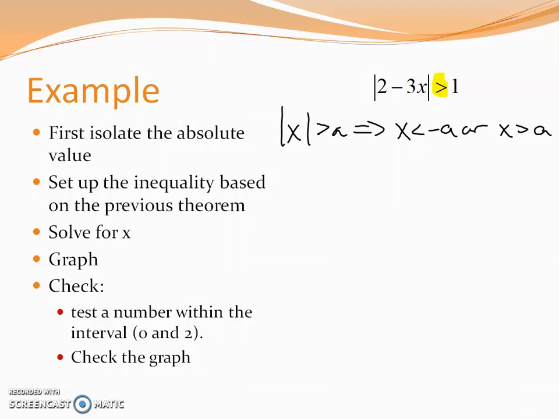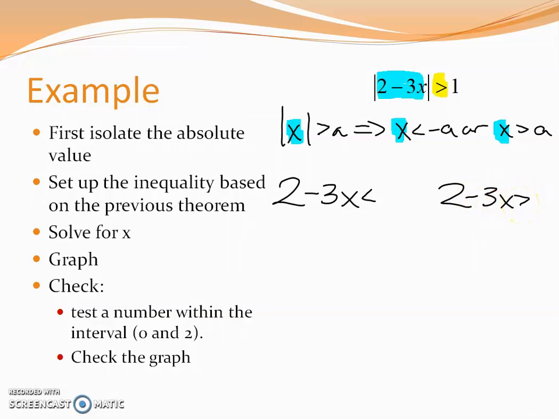So when I go to fill this information out then, my x, that's the part on the inside, that would be the 2 minus 3x, right? Part on the inside, that's going to go in both of those spots there. So I'm going to end up with 2 minus 3x is less than, and 2 minus 3x is greater than.